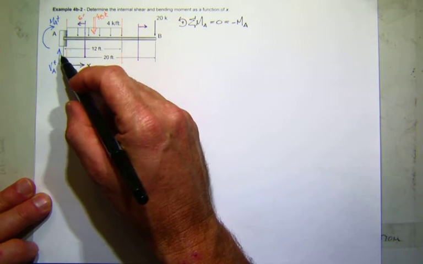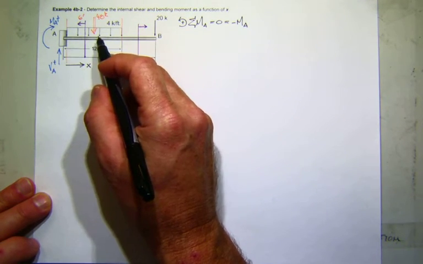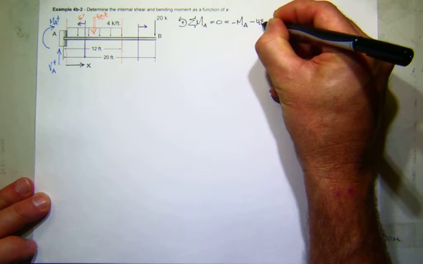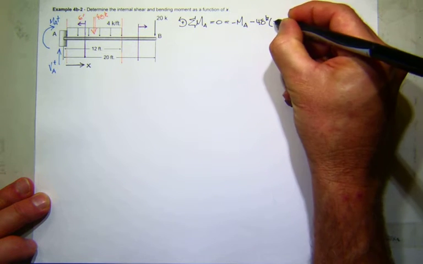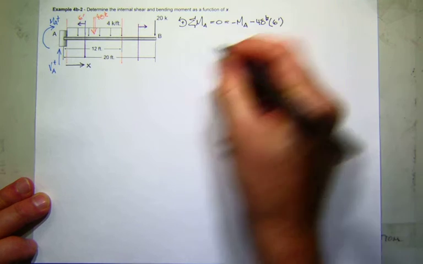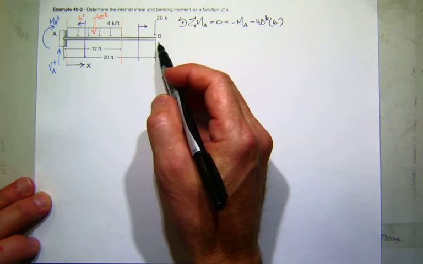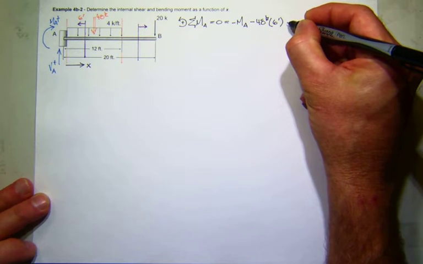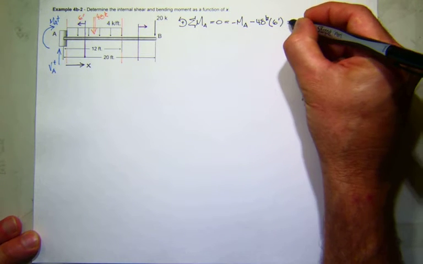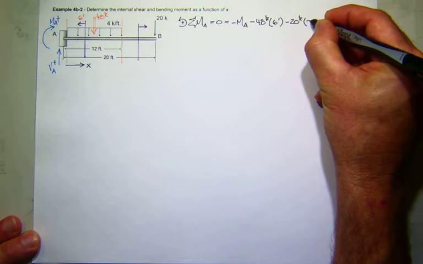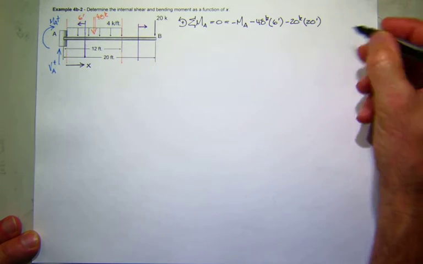The next force I have to deal with is the 48, and it also creates a negative moment. So that'll be 48 kips. And what's its moment arm from A? 6. And what else do I have? Way out there on the end, I've got a 20 kip force. What kind of moment does that create about A? Negative. And what's its moment arm? 20. So what is the moment at A?